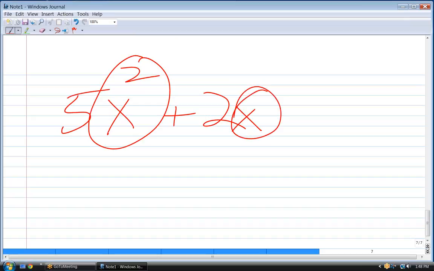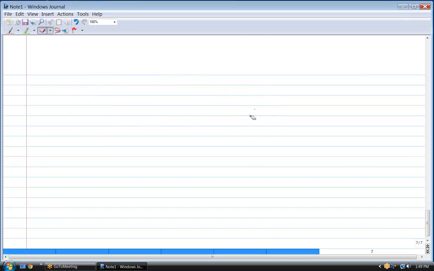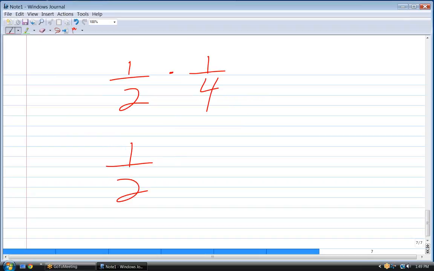Always think of multiplication and division as easier than addition and subtraction. Think about fractions. What's easier, to multiply 2 fractions or to add them? Multiply, by far. You just multiply tops, multiply bottoms.